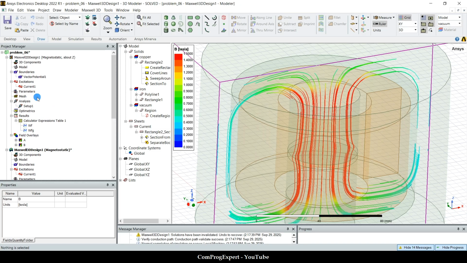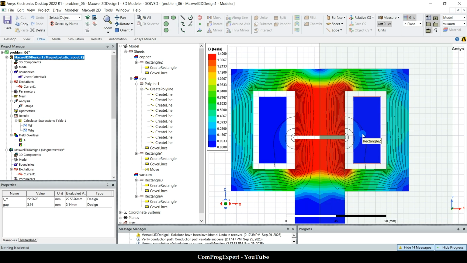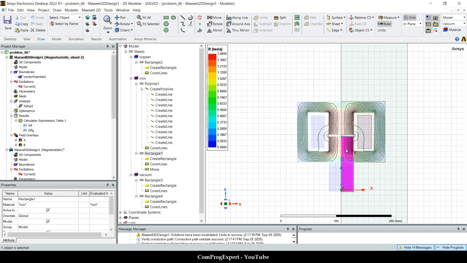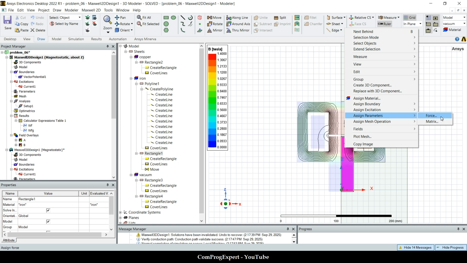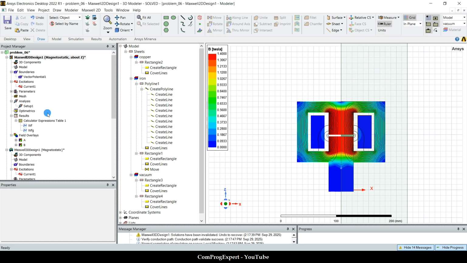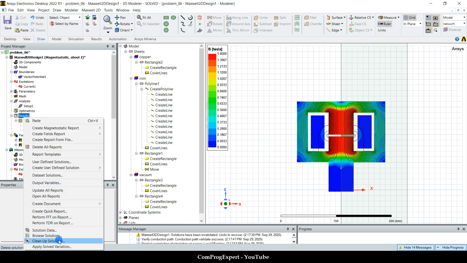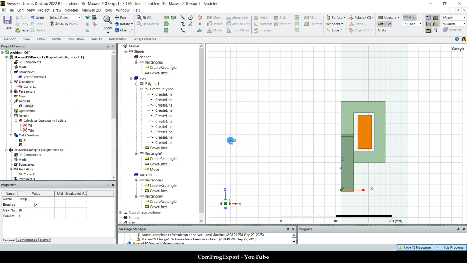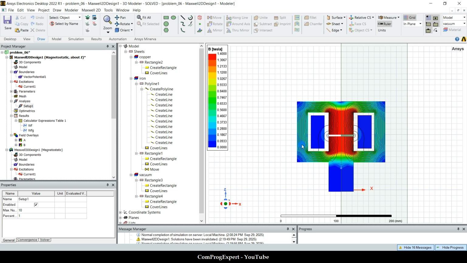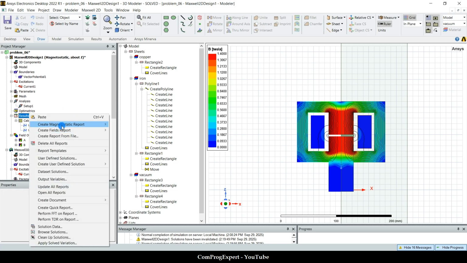Let's check it here for this 2D analysis. If I select this object, we can assign parameters, force. So again, let's clean up the solutions, calculate the force for this object.